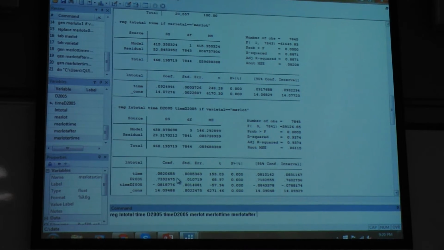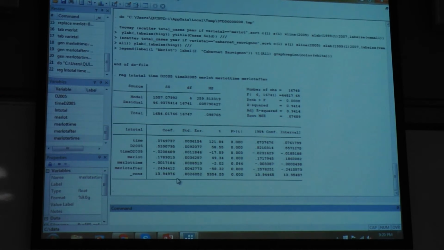Shall we rename it or is that fine? You got Merlot time, Merlot after. Yeah, what are we missing here? Time, Merlot, Merlot after time. Merlot time, Merlot after, and Merlot after time. Last varietal is after time.